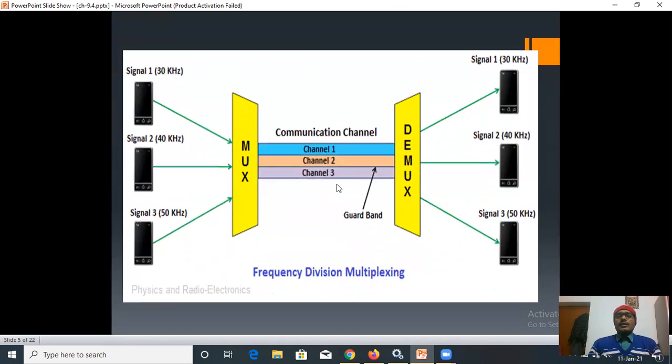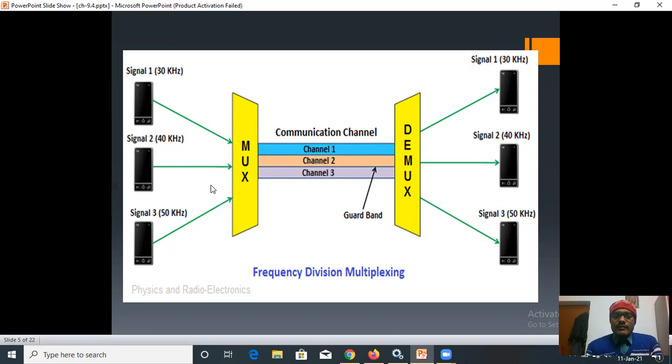As you can see in this picture, many users can be there and they have to communicate with another station. One station is communicating with another station and there will be a single communication channel. So all the users are on channel number 1, this one is channel number 2 and this one is channel number 3.